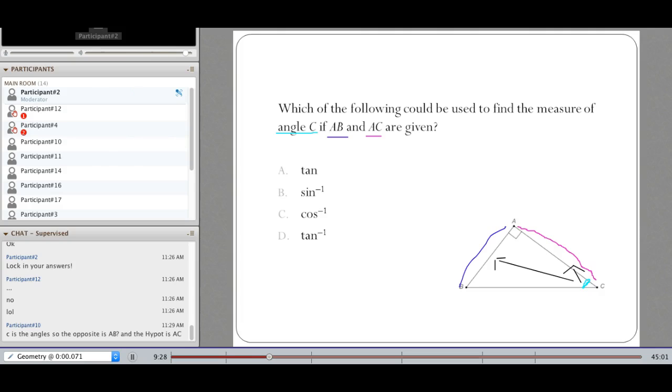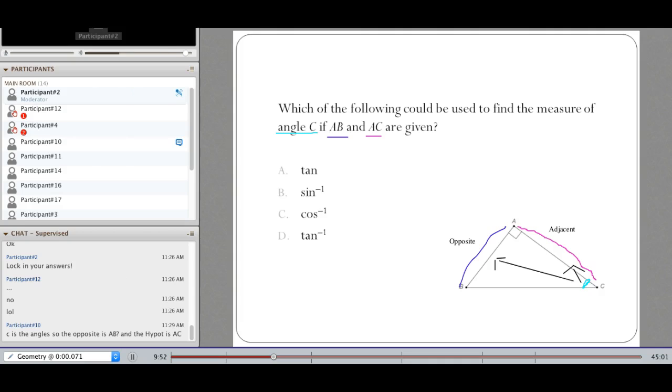You want to see what side would get labeled hypotenuse, what side would get labeled opposite, and what side would get labeled adjacent. So like Anthony typed in the box, the hypotenuse is side... Oh, okay, maybe you didn't mean to put that in there, Anthony, but the hypotenuse wouldn't be C.